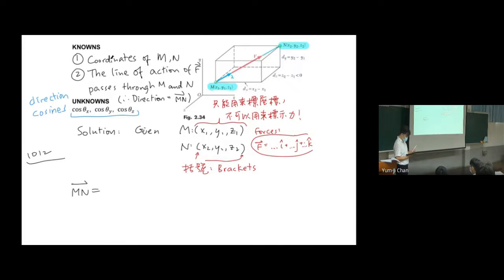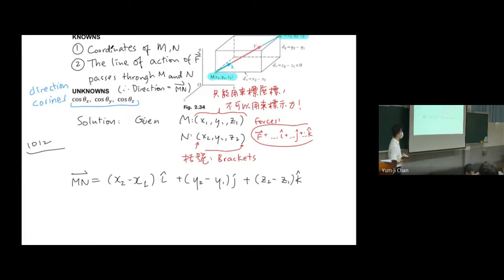Because we know the coordinates of M and N, we can write MN as a vector: x2 minus x1 i plus y2 minus y1 j plus z2 minus z1 k.